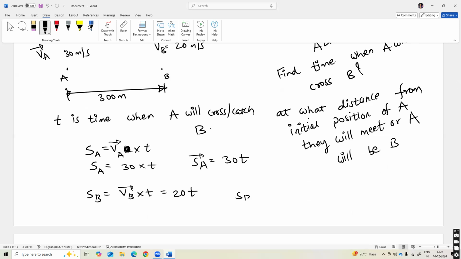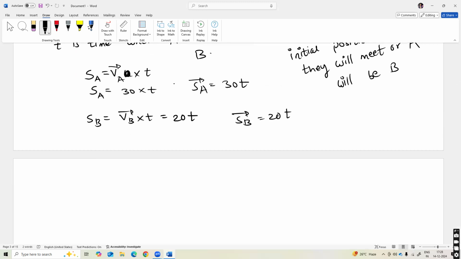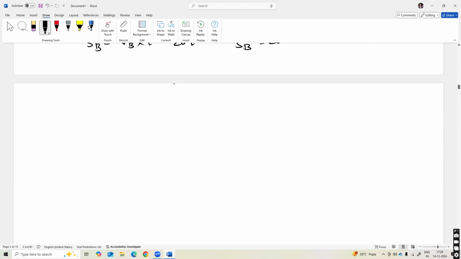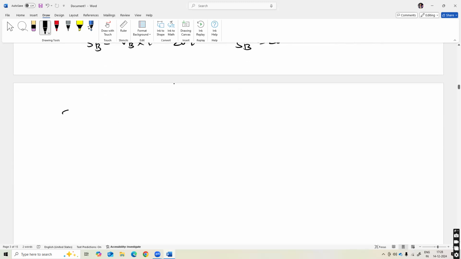Now we know that A is 300 meters behind B. So first thing we got is SA is equal to 30T, and second thing we got is SB is equal to 20T.